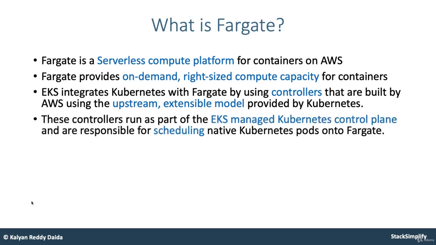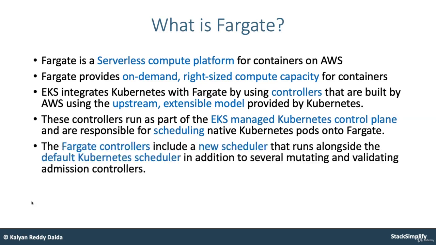These controllers run as part of the EKS managed Kubernetes control plane and are responsible for scheduling native Kubernetes pods onto Fargate. The Fargate controllers include a new scheduler that runs alongside the default Kubernetes scheduler, in addition to several mutating and then validating admission controllers.